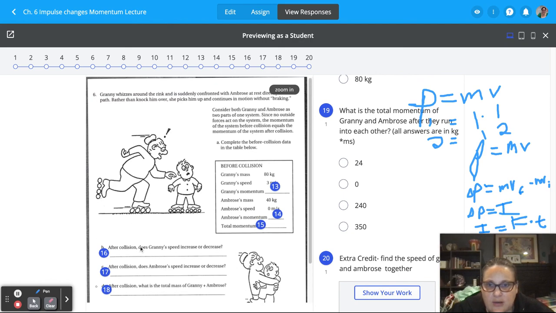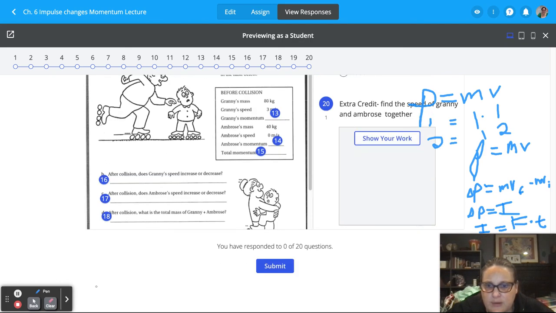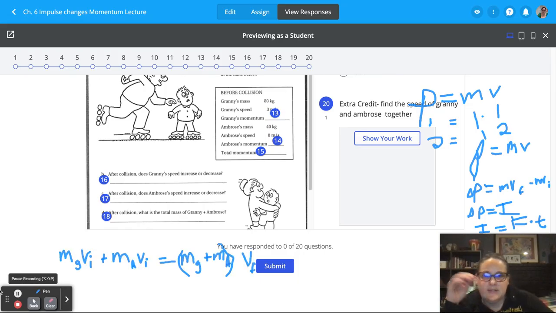And that equation I shared with you before, but I'm going to write it here at the bottom right now. All right, so here's the equation for this particular type of collision. Mass of Granny times initial velocity plus mass of Ambrose times initial velocity. Ambrose had an initial velocity of 0, so this part comes out to 0. And then that's equal to the mass of Granny plus Ambrose because she picks him up, so they become one system, and then whatever the final velocity is.